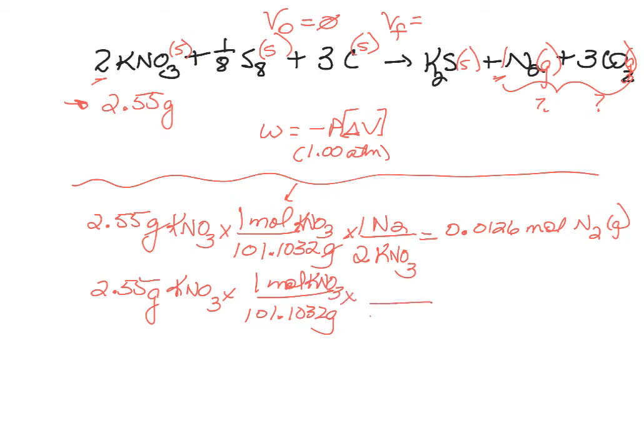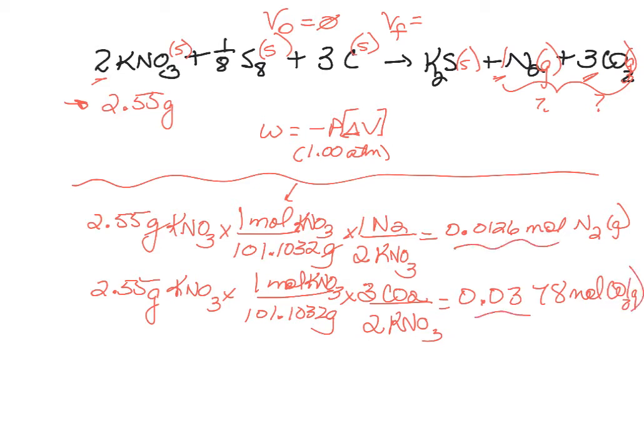Alrighty, so for every 2 moles of KNO3, I make 3 moles of carbon dioxide. And so the moles of carbon dioxide this system has generated is 0.0378. All right, so we have moles of the two gases made.